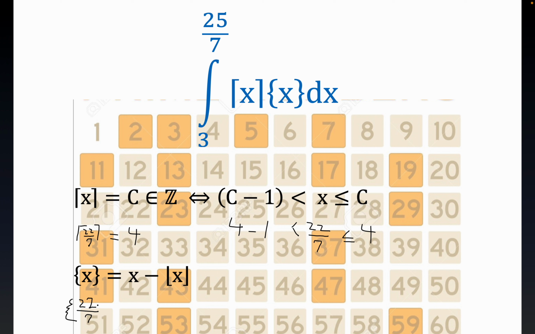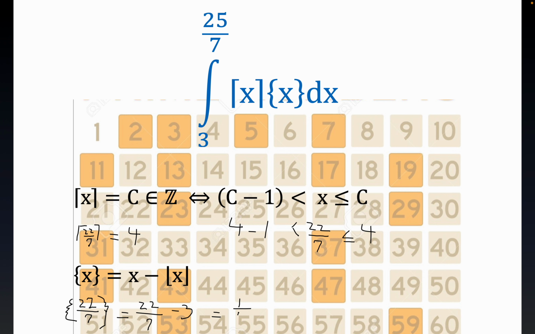Intuitively, you'd expect this to be 1/7, and that's consistent with this definition: 22 over 7 minus the floor, not the ceiling. So 22 over 7 minus the floor of 22 over 7 is 22 over 7 minus 3, which is equal to 1/7. So that's a formal way to do something very straightforward.